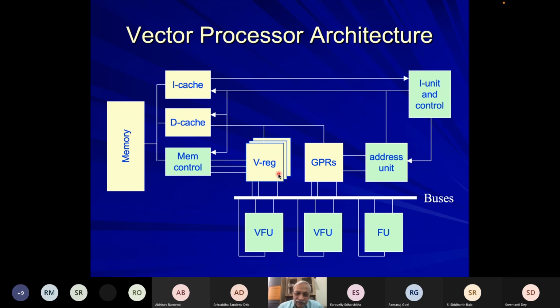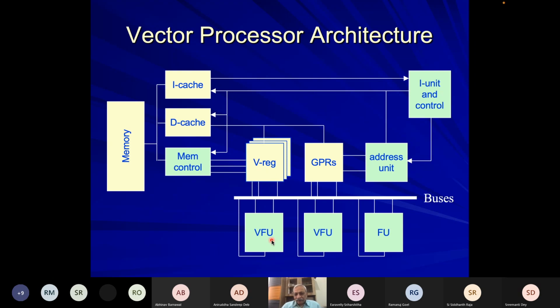There'll be a separate instruction which will load vectors into vector registers, and the way these are organized, as vectors are getting loaded into these registers, the loaded elements can be passed on to vector function units.